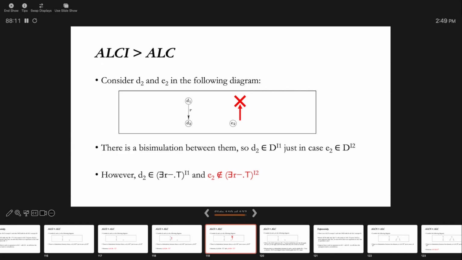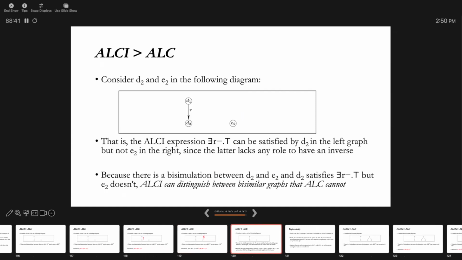That's the crucial piece for your intuitions. ALC doesn't have the ability to say, if R is looking at D2, that there's something looking at me, because it doesn't have the resources to relate itself to whatever's looking at me. That's what inverses do. And because it doesn't have that expressivity, ALC treats these as the same.